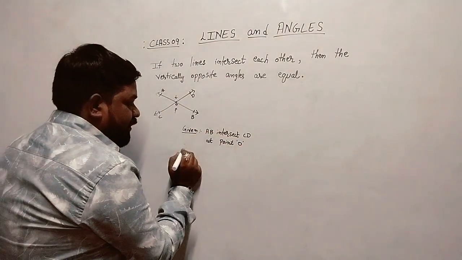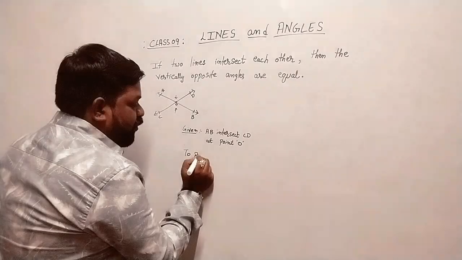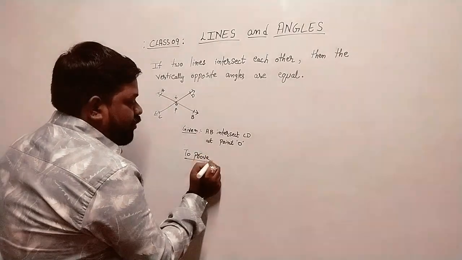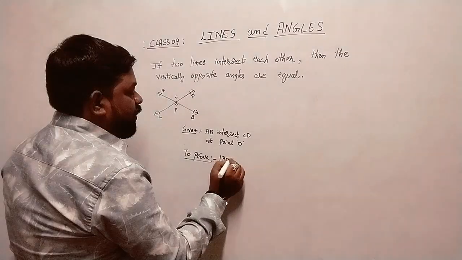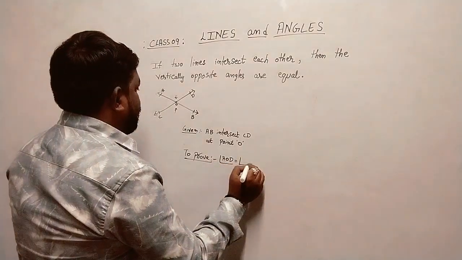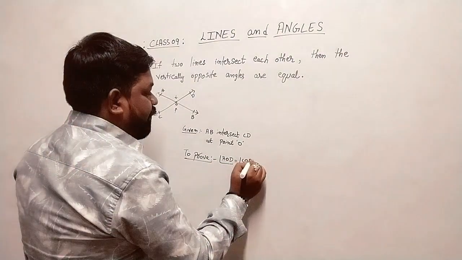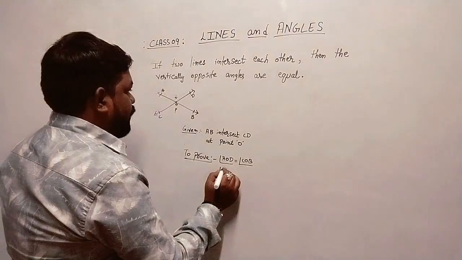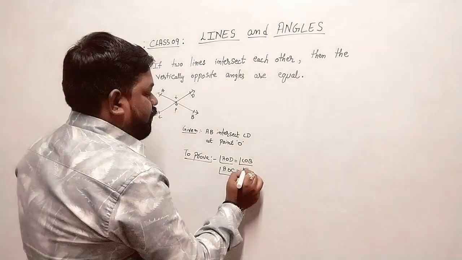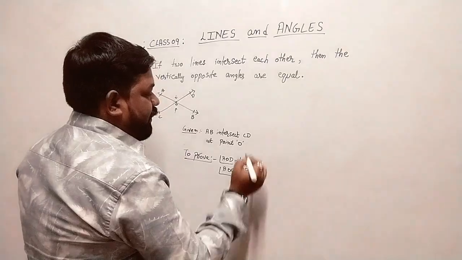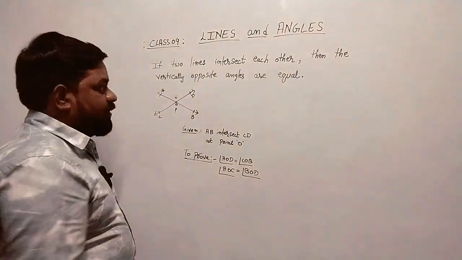If it is intersecting, we need to prove that angle AOD equals angle COB and angle AOC equals angle BOD.